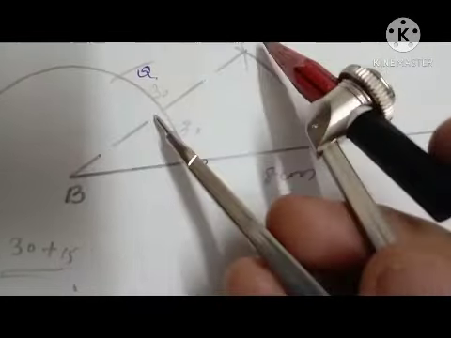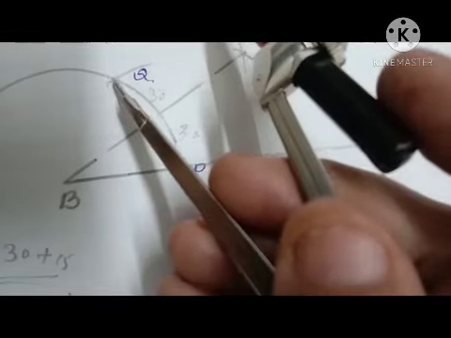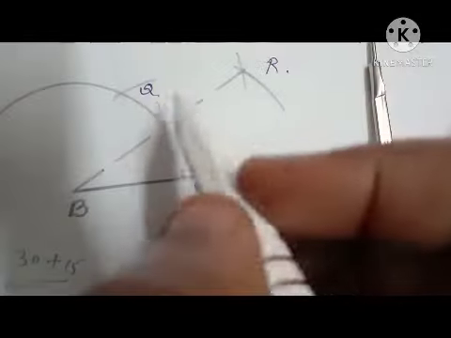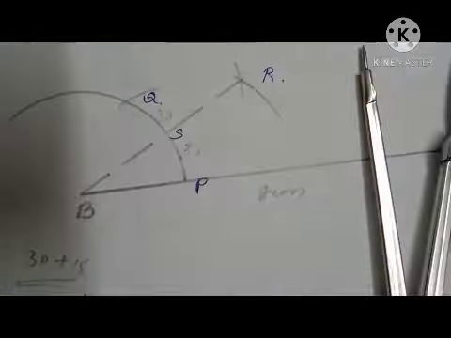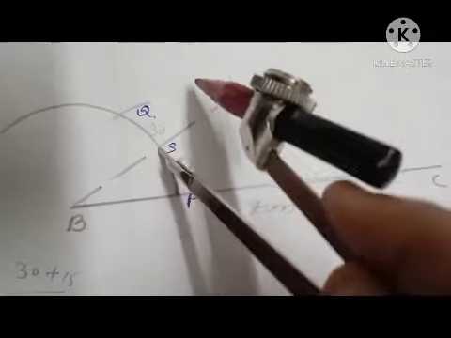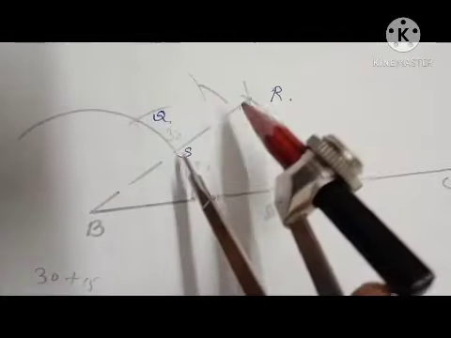Then from this 30 we have to get 15 degree. So we have to draw the angle bisector of this angle 30 degree. Okay, here we can give another name, that is S. Then from S and Q we have to draw the arcs. From S and from Q with the same measure.